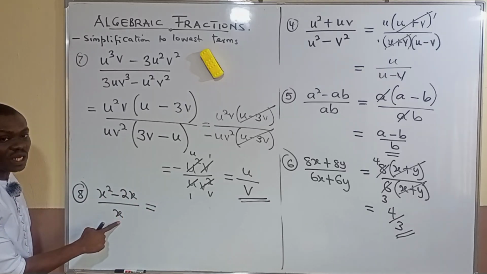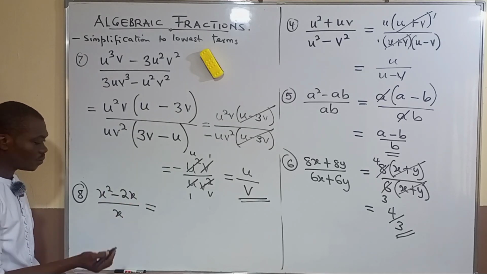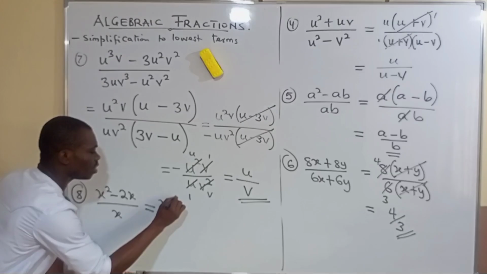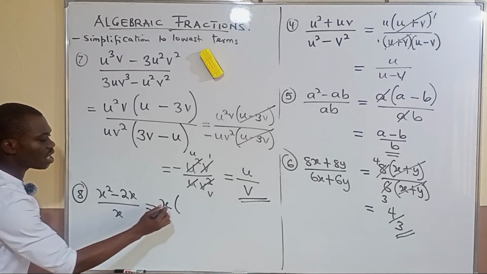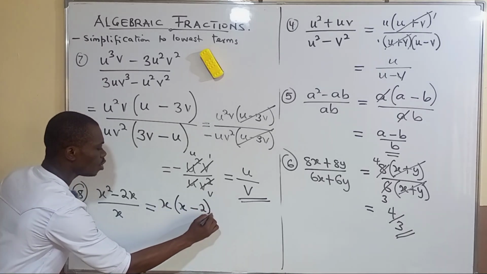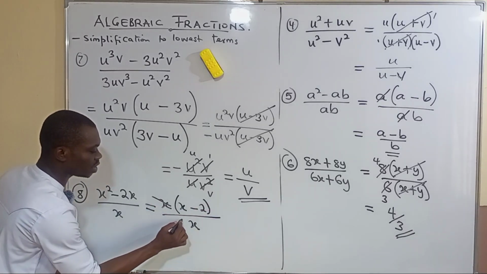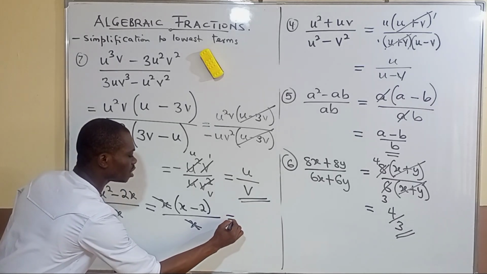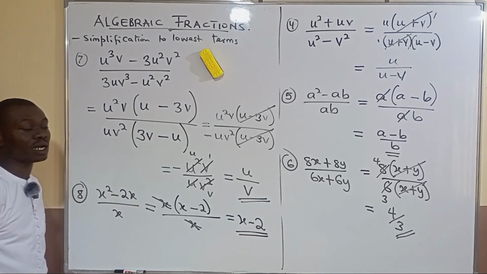So that it will simply cancel out and the fraction will go. And that is possible. So I have x in the numerator as a common factor. So if I bring it out, here we'll have only x, minus here you will have only 2, all over x. So watch what happens now. x will take away x here. So you just have x minus 2, and that is your answer.